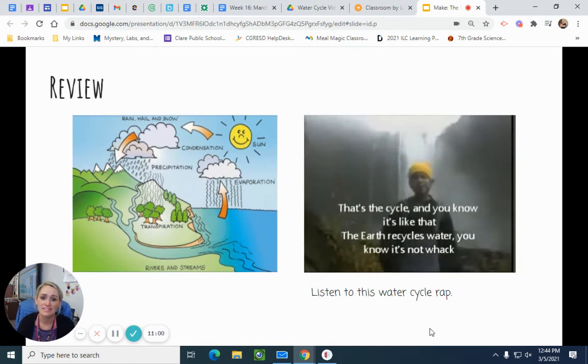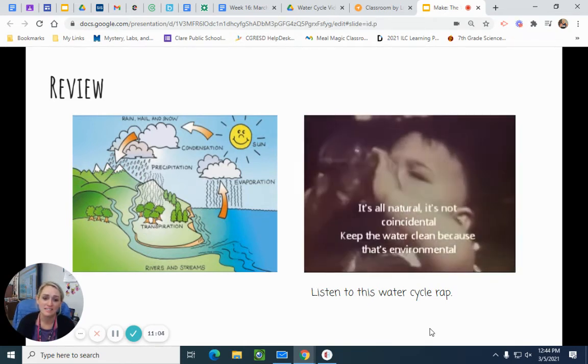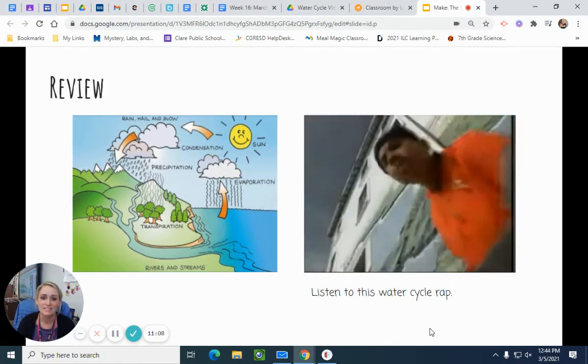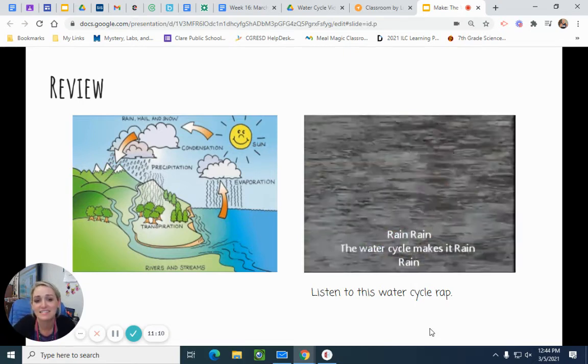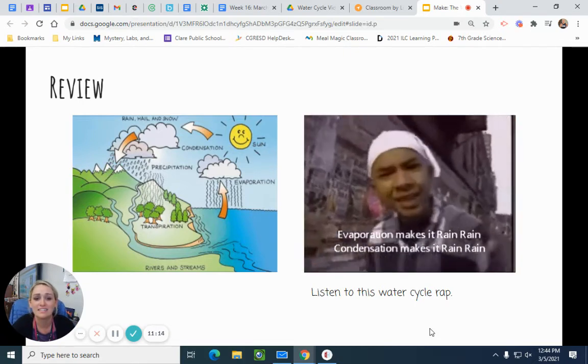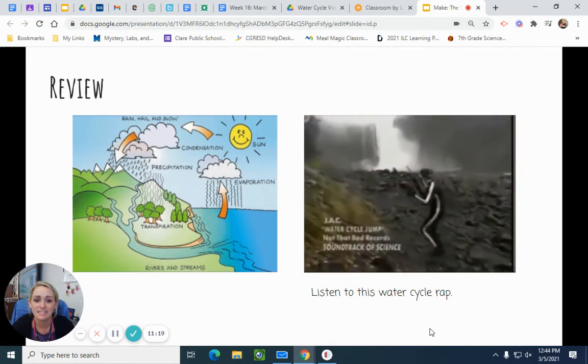That's the cycle, and you know it's like that. The earth recycles water, it's not whack. It's all natural, it's not coincidental. Keeps the water clean, and that's environmental. Peace, I'm out of here.